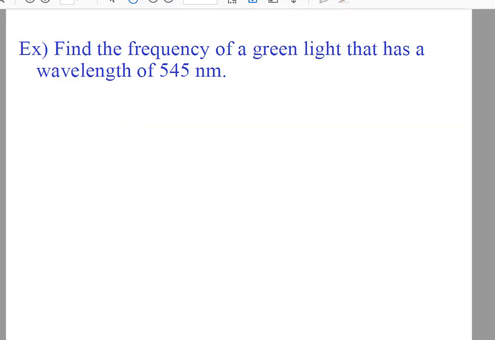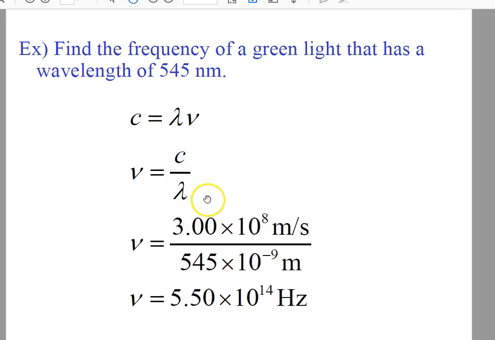You see they set it up to solve for frequency by doing the speed of light divided by the wavelength and plugging in those values. To solve for meters, you'll see they just took 545 and tacked on times 10 to the negative 9 meters, because a nanometer is 10 to the negative 9 meters, or 10 to the 9 nanometers equals a meter.